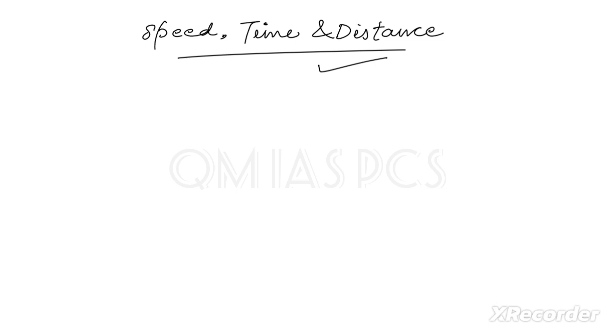Then the relative speed concept. Based on these topics we solved a few practice questions and a few PYQs, and understood how to approach questions based on these topics. Lastly, I gave you a homework.